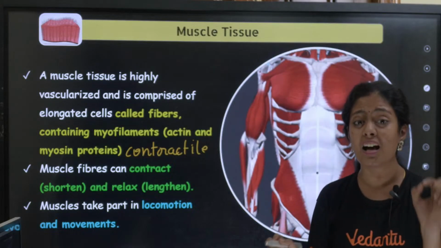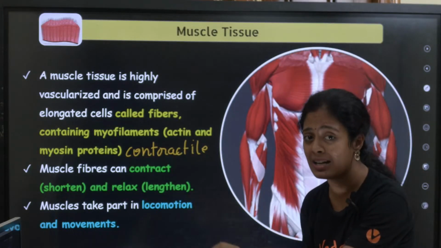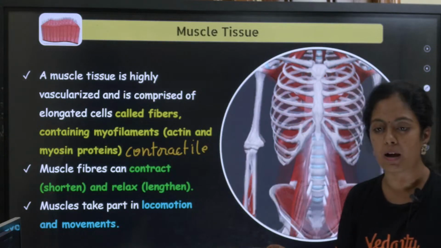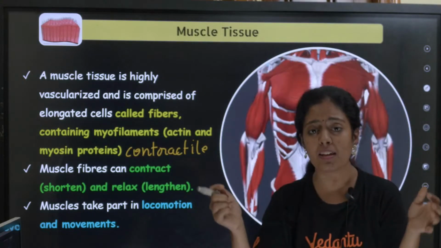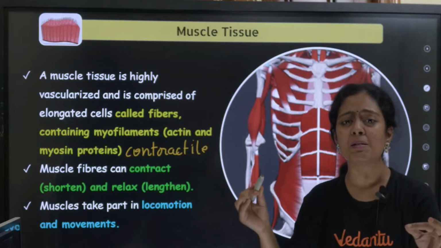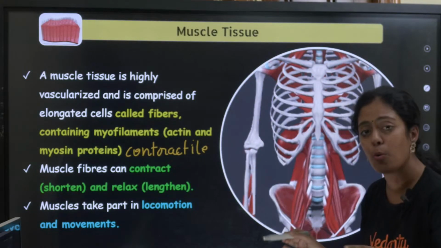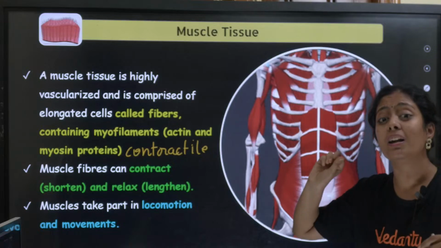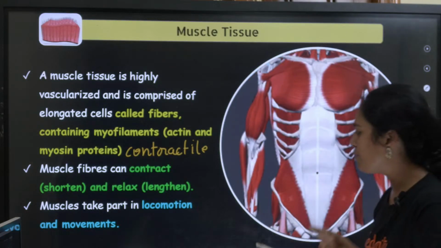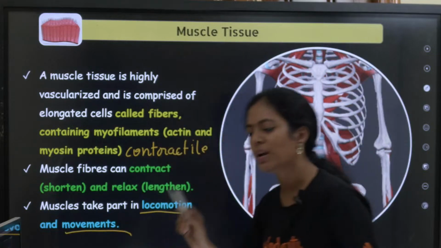They can ask you which of the following is a contractile protein? Actin and myosin. We will see this in detail in locomotion and movement. Okay, this muscle fiber will contract and relax. So if I have to pick a pen or write something on the board, the muscles here have to contract and relax. Very, very important. Muscles take part in locomotion and movement.